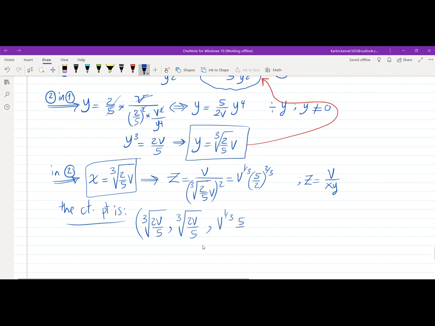And now, since we have only one critical point, like before when we talked in Math 1, if you have only one critical point, you can consider it the target of the function.